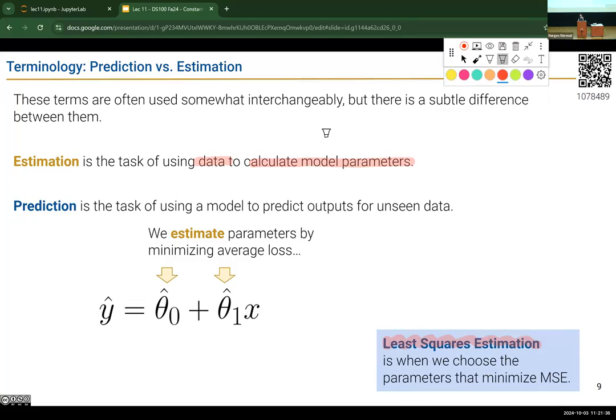So when you hear about least squares regression, that means a regression line that is optimized using the least squares function, or the MSE function. So this is the terminology and where it's coming from.